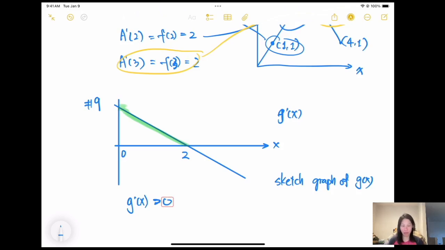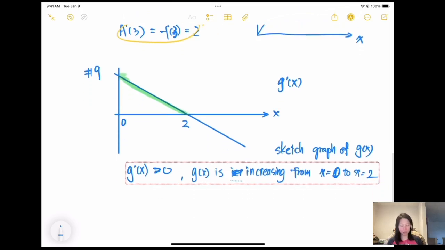That means we're expecting an increasing function, so that means g of x is increasing from x equals 0 to x equals 2.